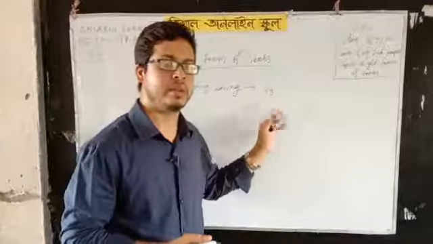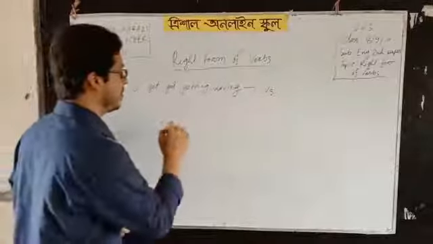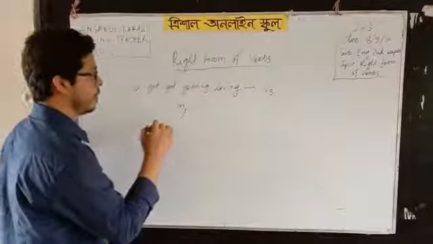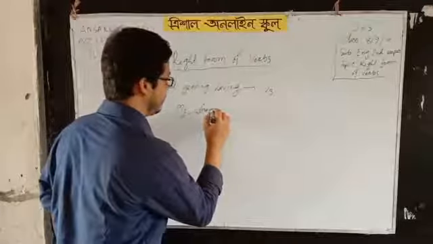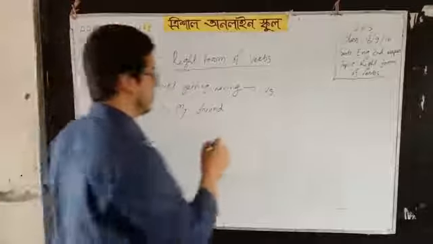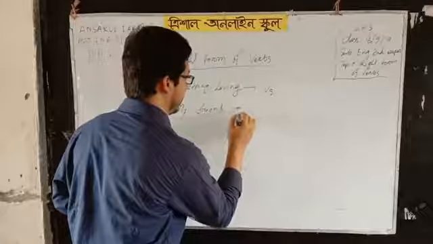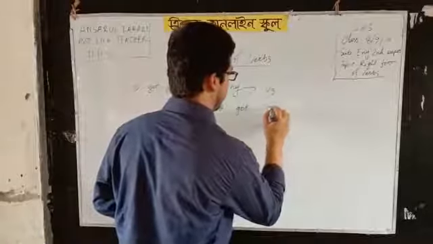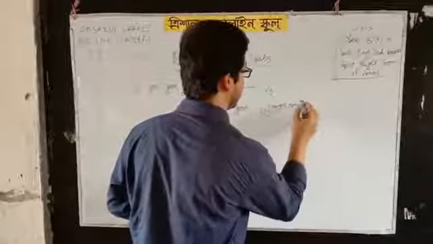That means the past participle of the verb. I am clarifying it with an example. My friend got, here is a verb frightened.